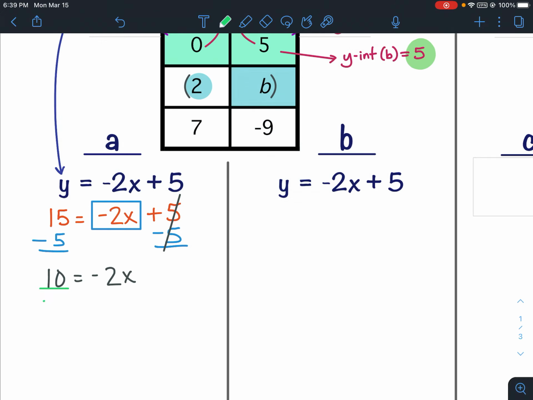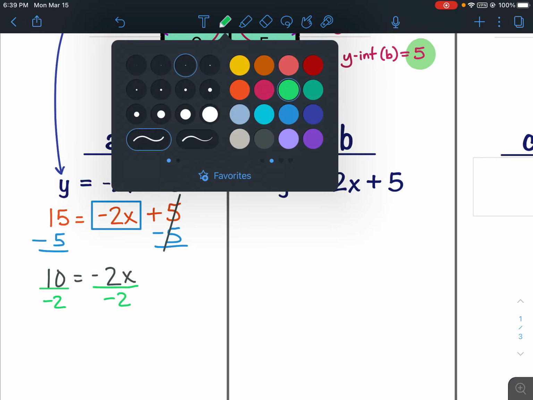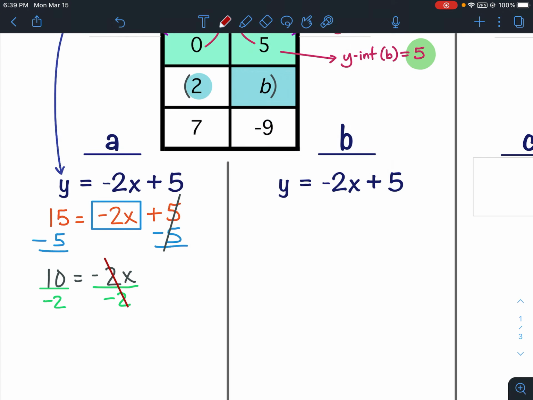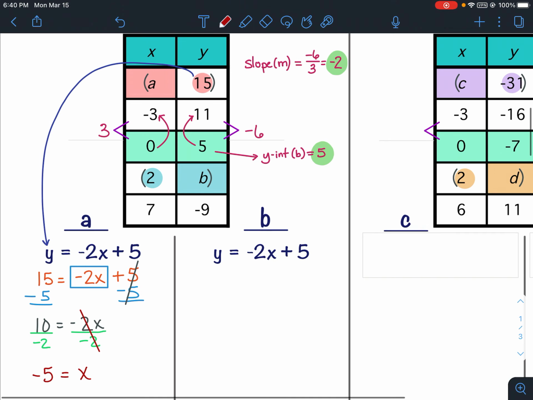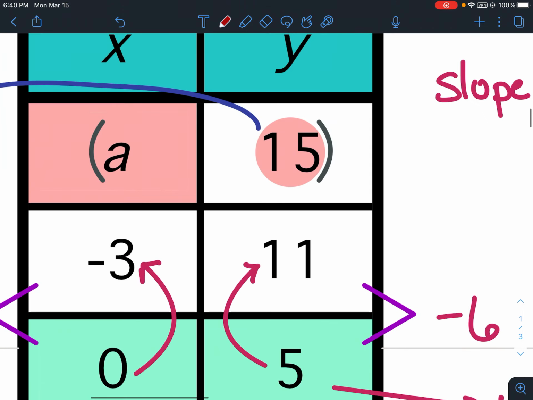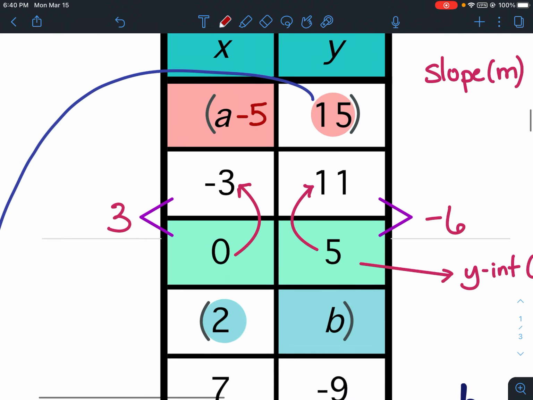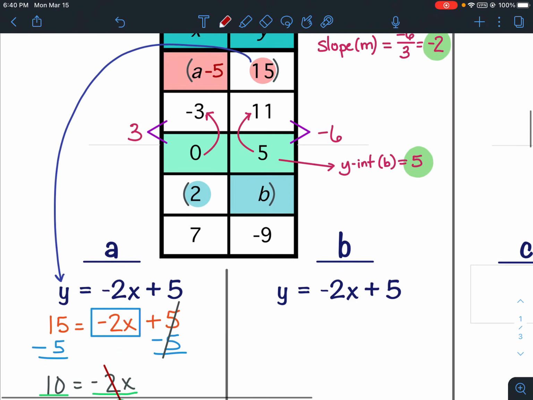Divide both sides by -2. And we get -5 equals x. So up here beside the a, I'm going to write -5. So I found that a is -5.